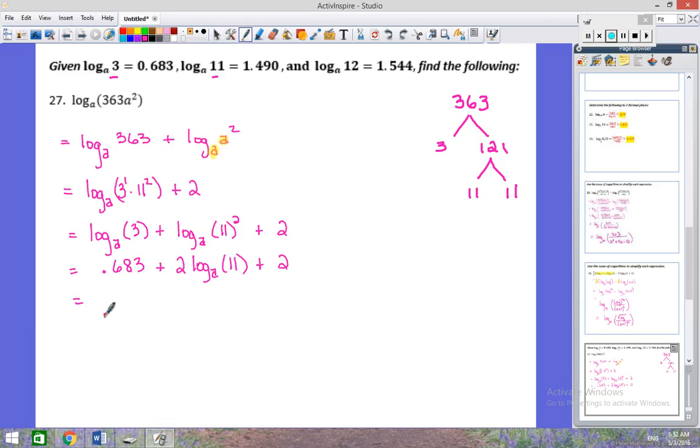So now our final substitution, we know what log base A of 11 is. It's 1.490 plus 2. So let me add that up on my calculator to make sure I don't make any silly arithmetic errors.